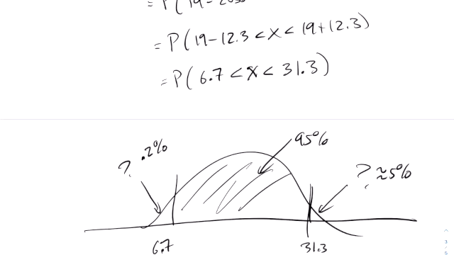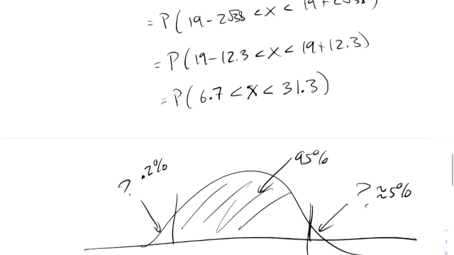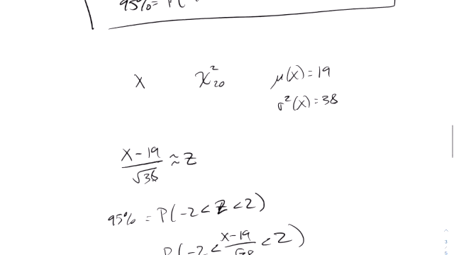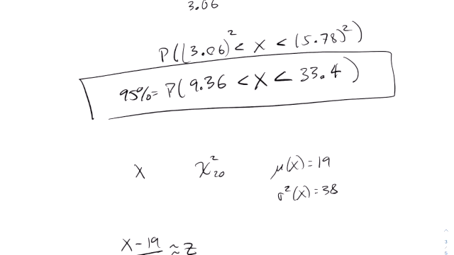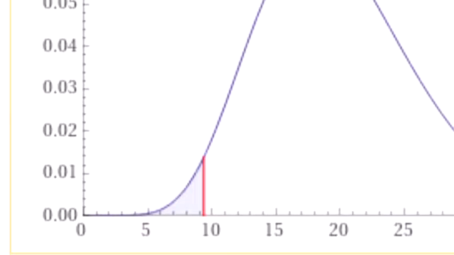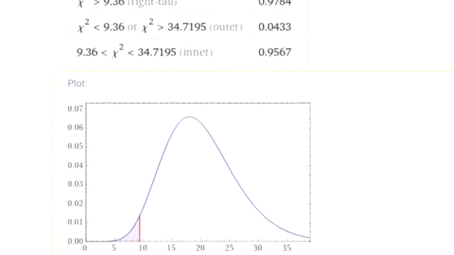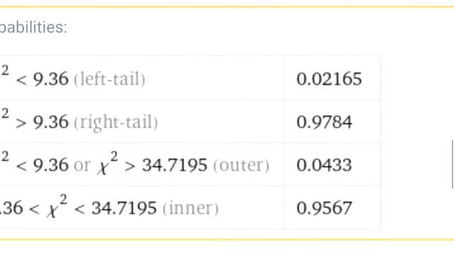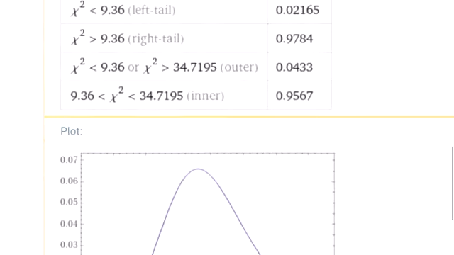It seems pretty close to 95%, but it's pretty skewed in that it's kind of shifted over a bit to the left. On the other hand, if we look at this confidence interval that we got originally, for 9.36, we find that our left tail looks like that, and accounts for a little over 2% of the distribution.